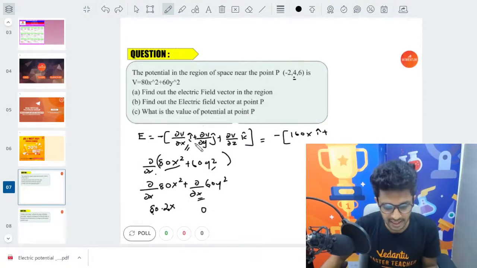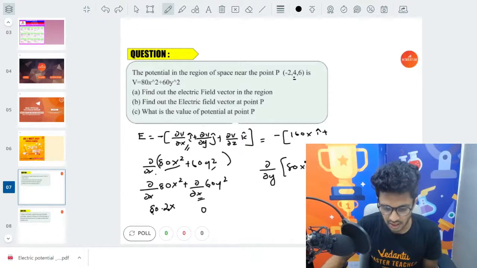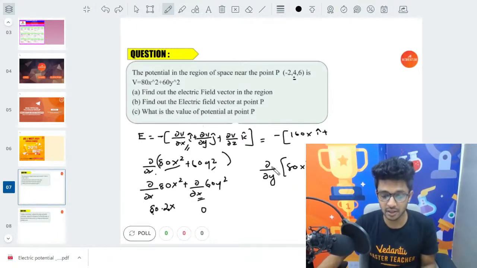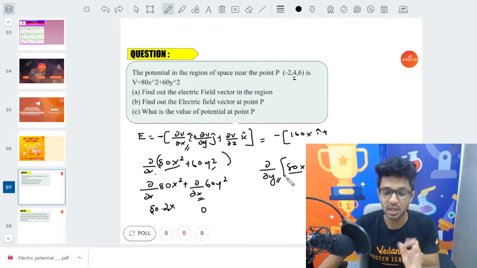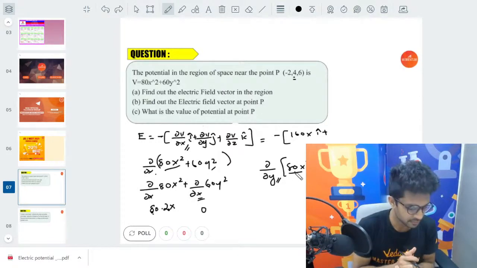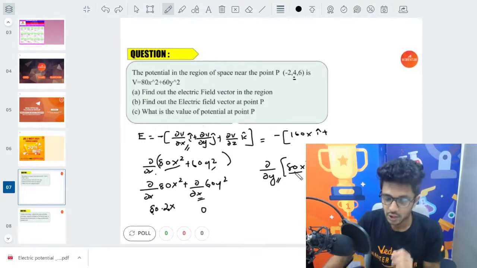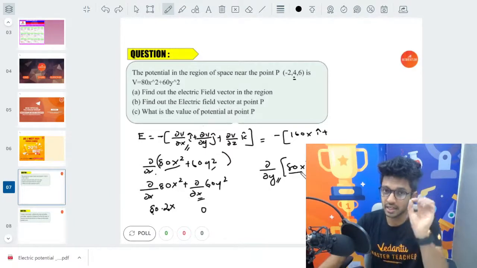Don't you want to do the second term also, dou V by dou y? So that is dou by dou y of 80x square plus 60y square. Not writing it completely, because dou by dou y of 80x square, x is a constant here while you are doing the partial differentiation with respect to the variable y. So dou by dou y of 80x square is 0.